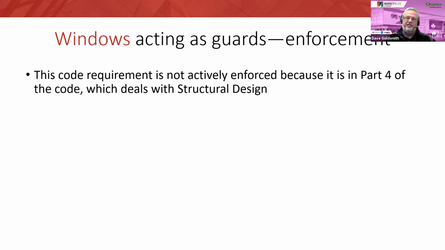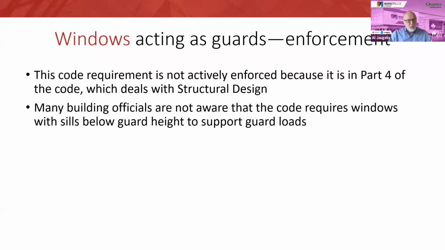So the building officials tend to cede the inspection to the supporting registered professionals to do professional design and field review. And then they assume, because you've got those professionals involved, that everything's being done properly. So many building officials are not aware that the code requires windows with sills below guard height in general to support guard loads. They tend to focus on the stairwells when they think of this requirement.